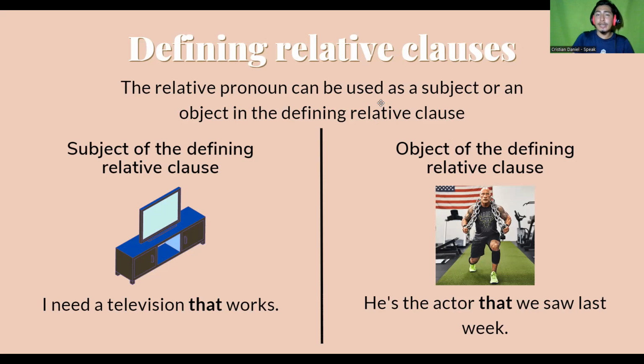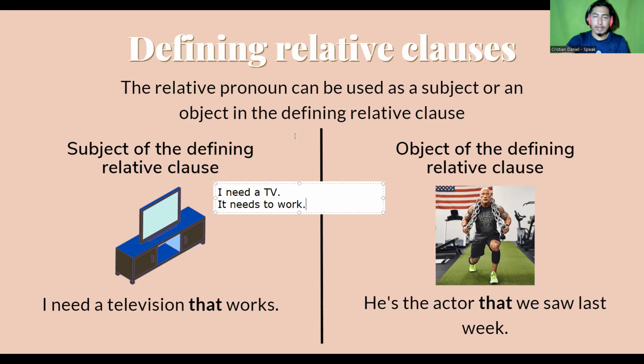I need a television that works. If we divide this sentence in two, the first sentence is, I need a TV or a television. The second sentence is, it needs to work. Of course, because you will not buy a TV that is not working.